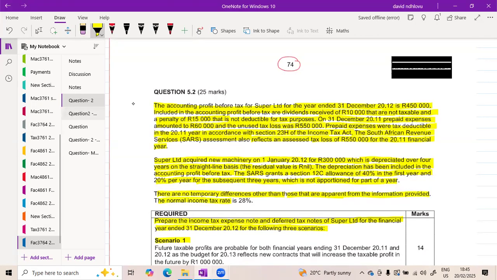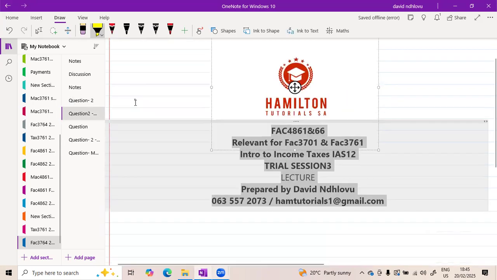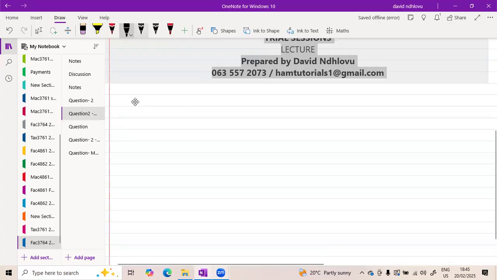So I want to concentrate for this question on the income tax note. The name of the company is Super Limited, so we want to create an income tax note.